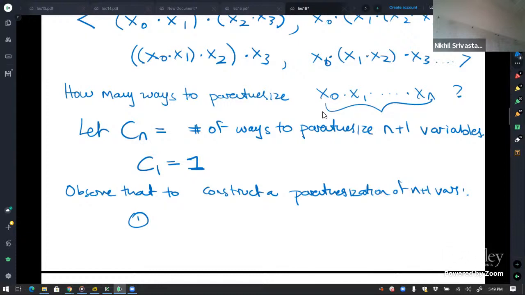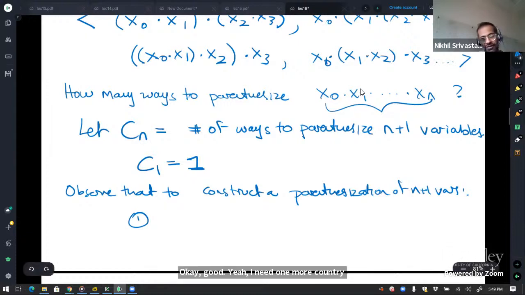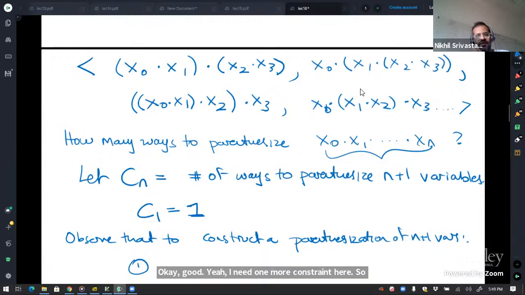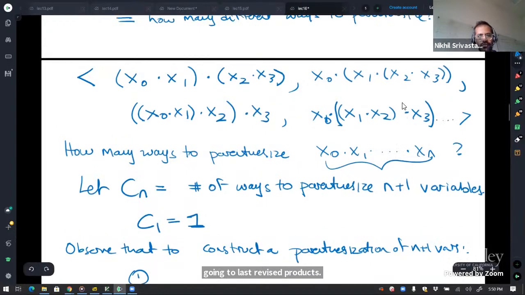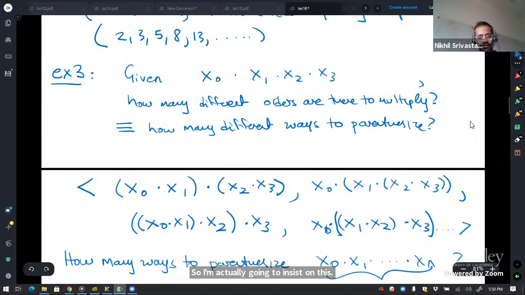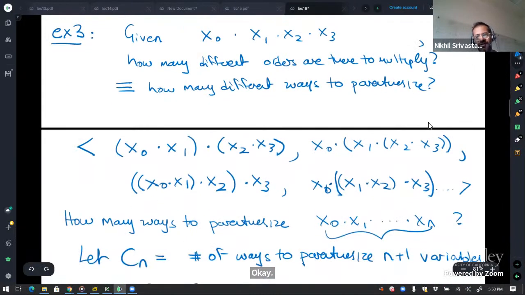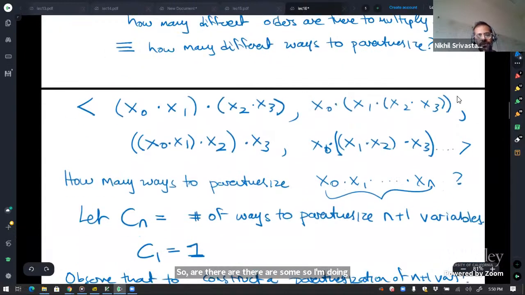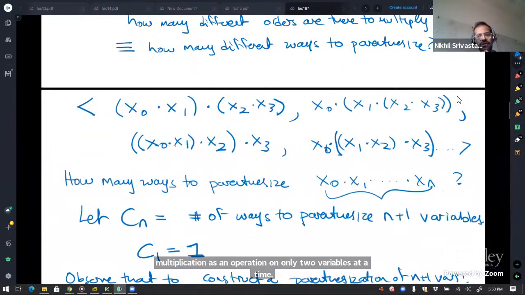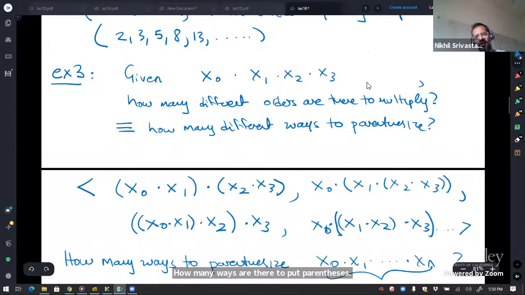Okay, good. Yeah, I need one more constraint here. So the constraint is that every product should only have 2 terms in it. I'm not going to allow 3-wise products. So I'm actually going to insist on this. Okay. So I'm viewing multiplication as an operation on only 2 variables at a time. So how many ways are there to put parentheses? How many ways are there to compute this product by multiplying pairs of quantities?